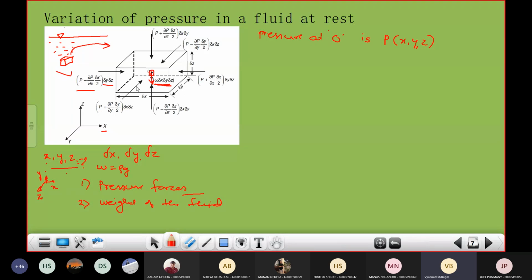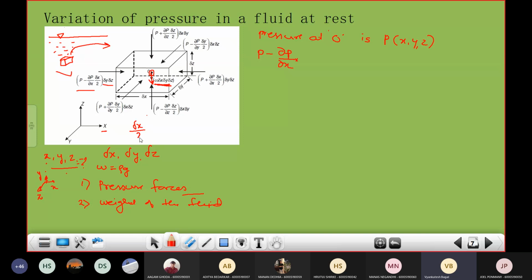Fine. So this variation is written as, now P, the pressure at this point. You are writing the variation on left hand side. That's why minus sign. Then rate of change of pressure, dou P by dou x, along x direction. And the distance through which this change is occurring. Now what is the distance? This is at the center, so half of delta x, since the total is delta x.